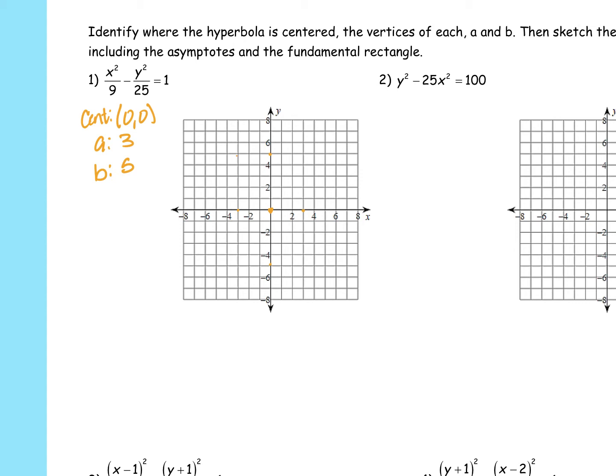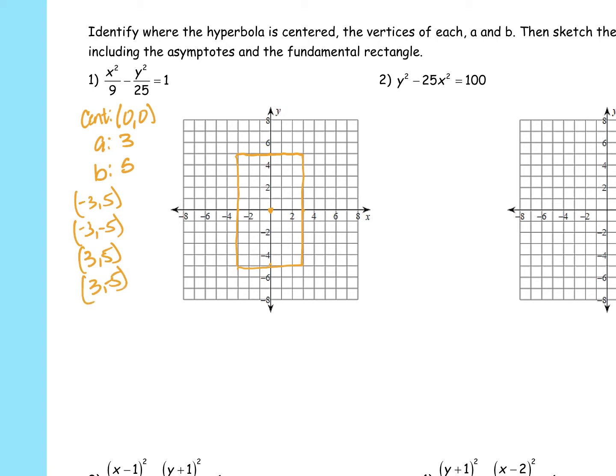So I'm going to kind of draw a rectangle in here because it wanted me to sketch that in there. And then you know where your asymptotes are. I mean, the vertices of your rectangle are at negative 3, 5, negative 3, negative 5, positive 3, 5, and positive 3, negative 5.